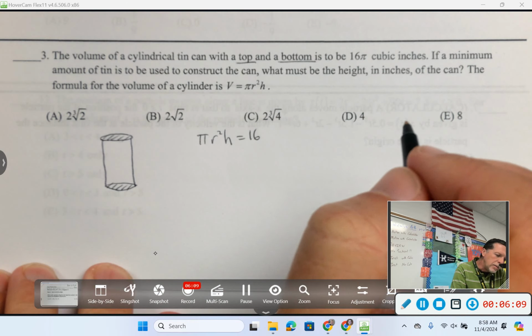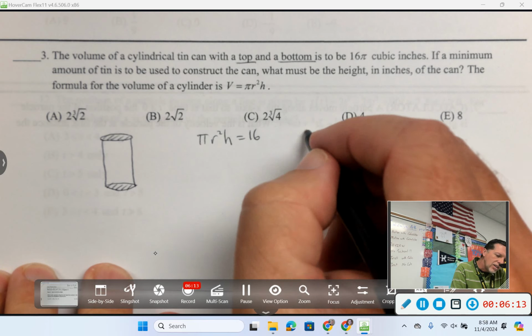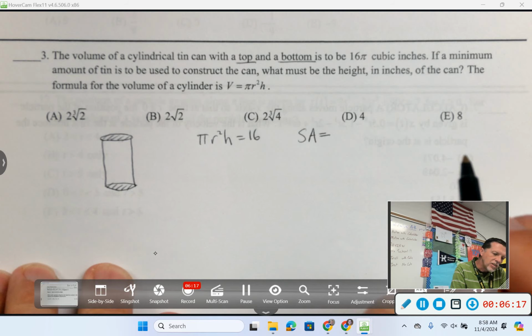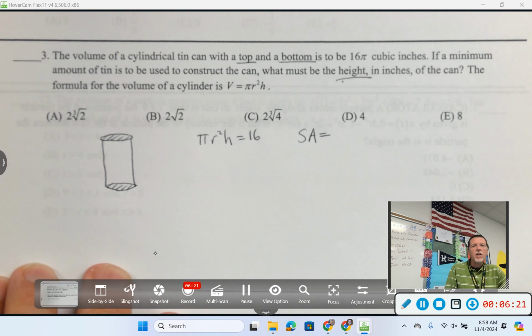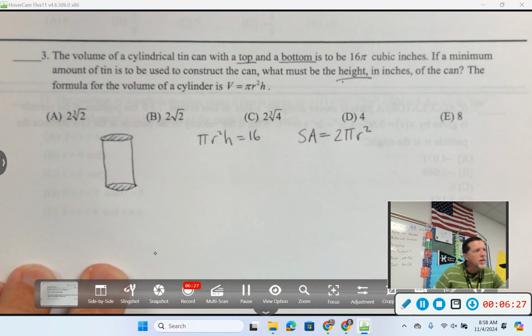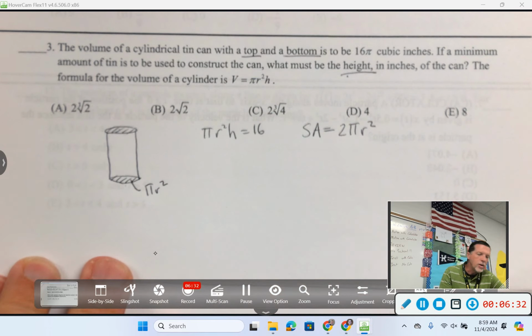If a minimum amount of tin is to be used to construct the can, so that's like the surface area, like how much tin there is, find the height of the can. Okay, so surface area, there's 2 circles, so 2 pi r squared, because pi r squared is 1 circle, and there's 2 of them.